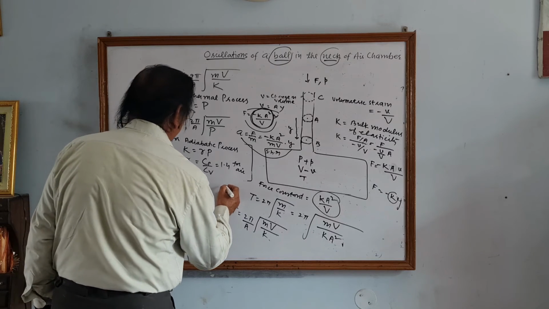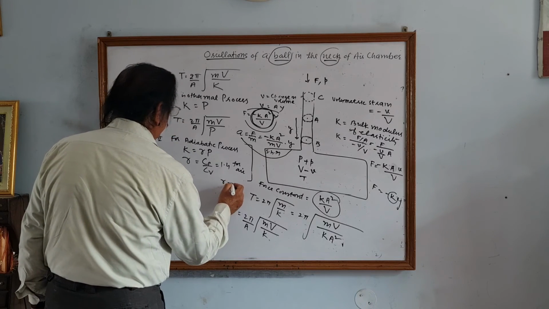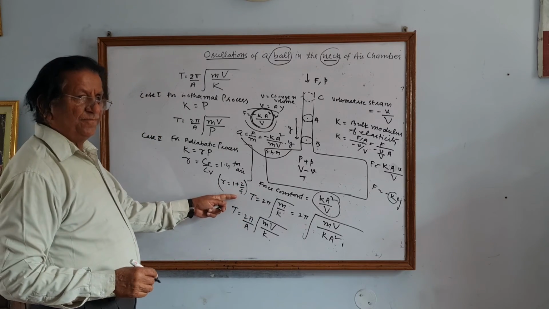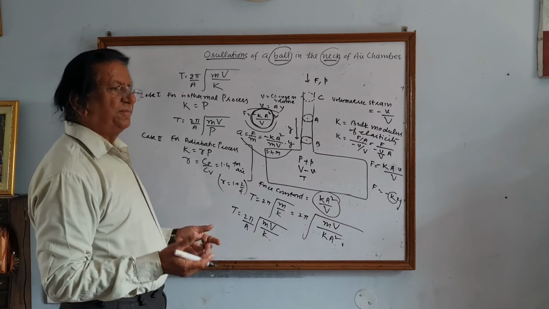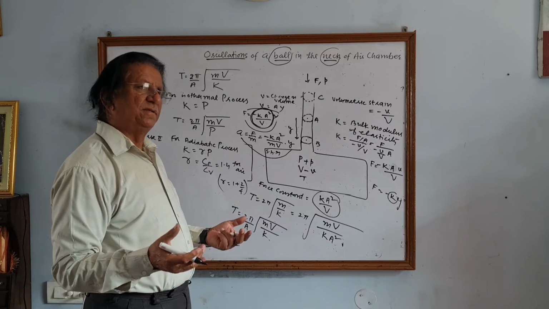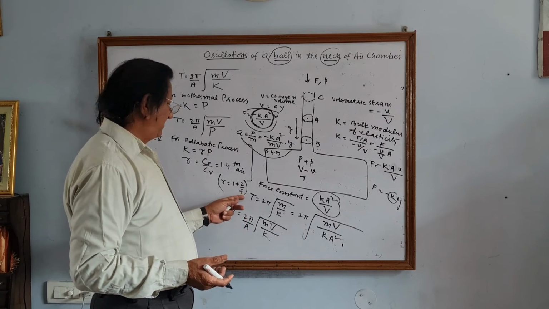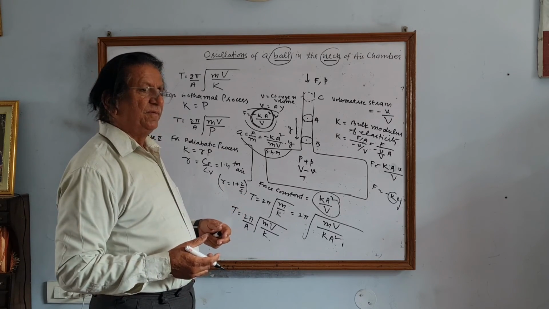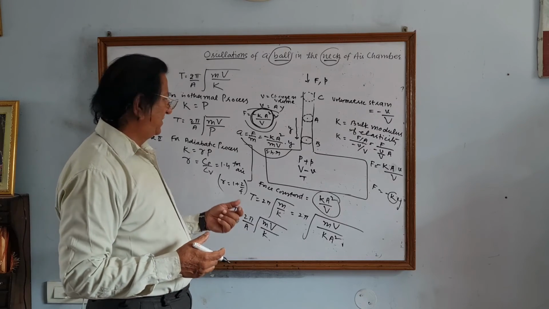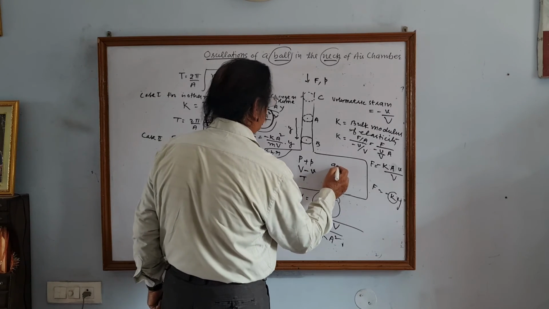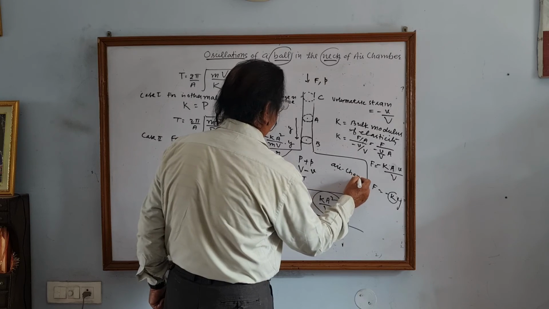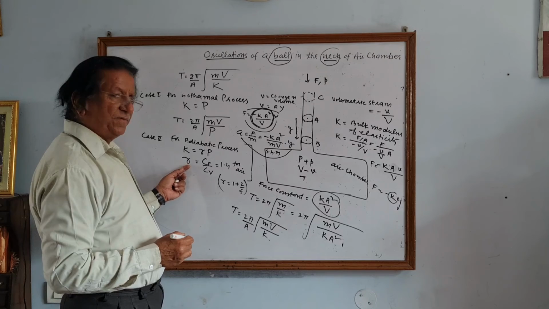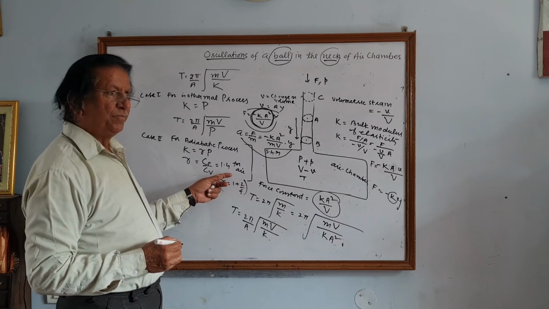Gamma is 1 plus 2 by f, where f is the degree of freedom. The degree of freedom for monatomic gas and for diatomic gas is different. When the degrees of freedom are different for different types of gases, the value of gamma will be different. But especially, as I said, this is an air chamber, so the chamber contains air, and for air we know the value of gamma is 1.4.